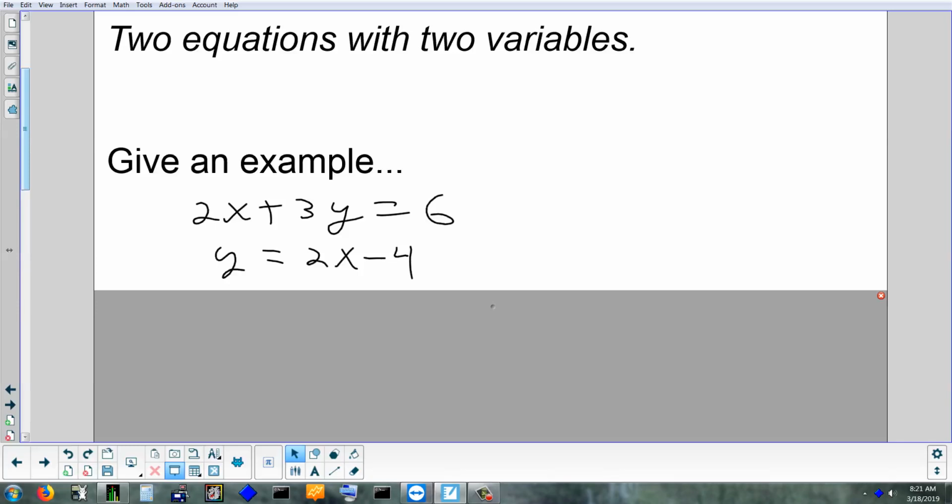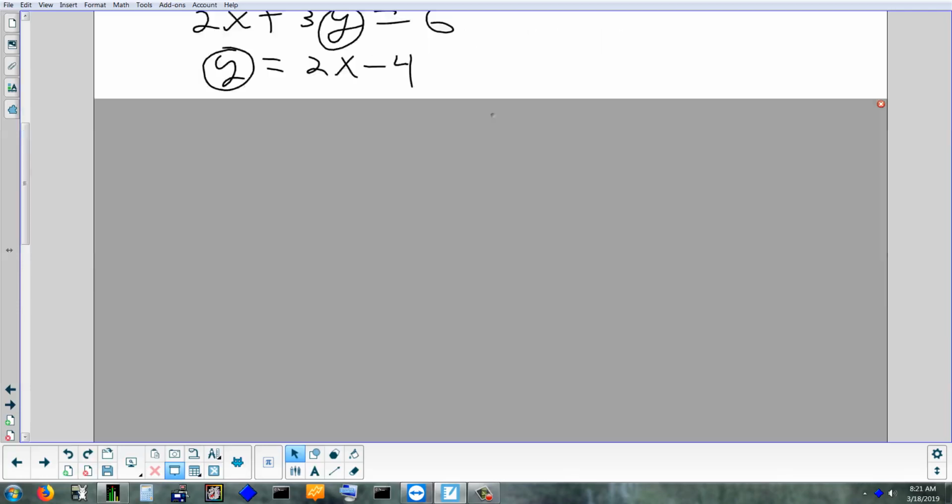Yep. Look for a letter that's by itself, right? And that's usually what's going to happen this week. You got a letter all by itself on one side of the equal sign, and you got that same letter up here. So we can use substitution and plug in. Now, you could do elimination. We did elimination like this last week. We had to rearrange it and get the X's and the Y's on the same side, but we're gonna stick with what we did in the warm-up.